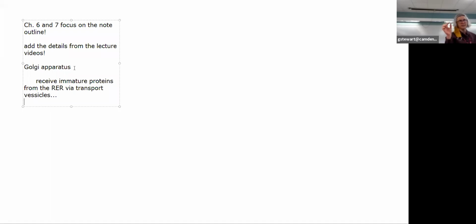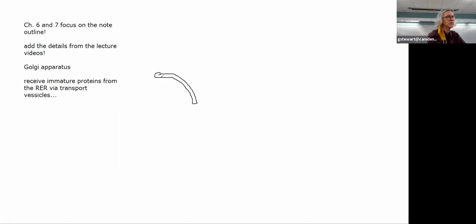When they draw it, they draw the Golgi like a set of tubes that get smaller, and it only receives things from the rough ER on one side. Those transport vesicles are made of phospholipid bilayers, so they just fuse and dump their contents right into the Golgi.